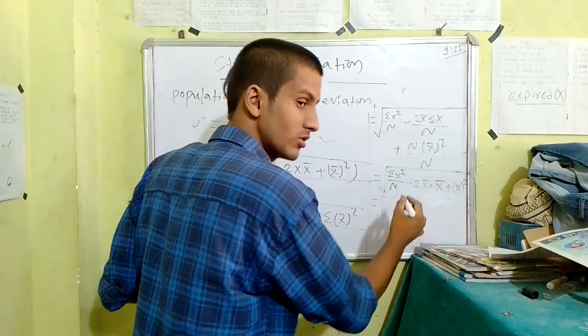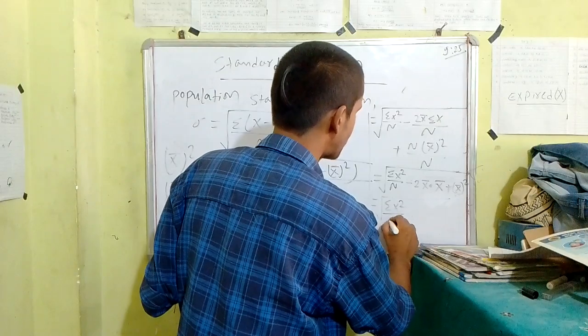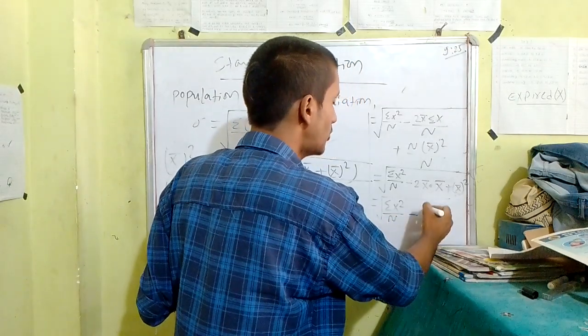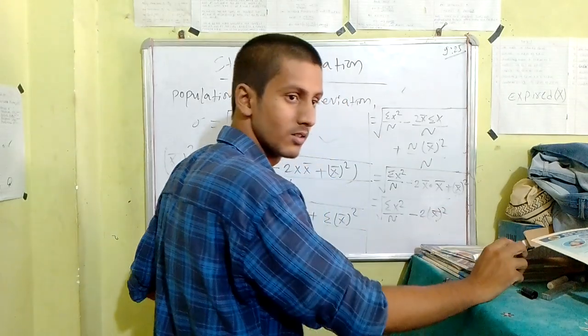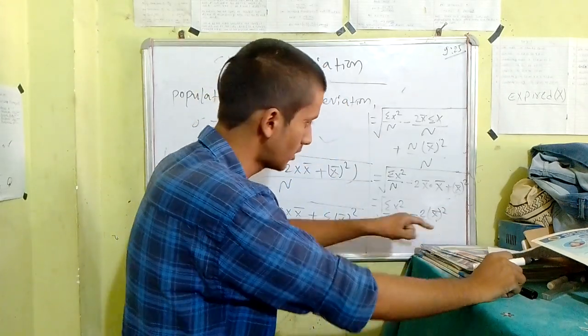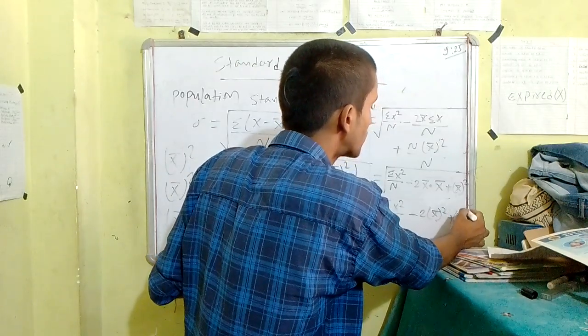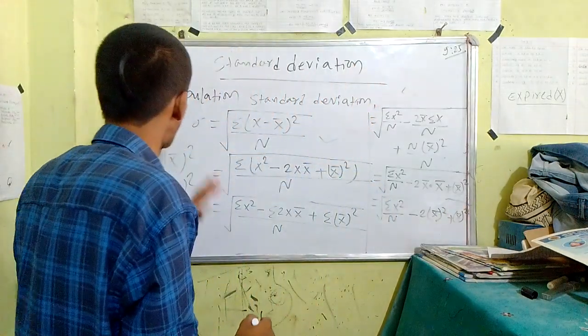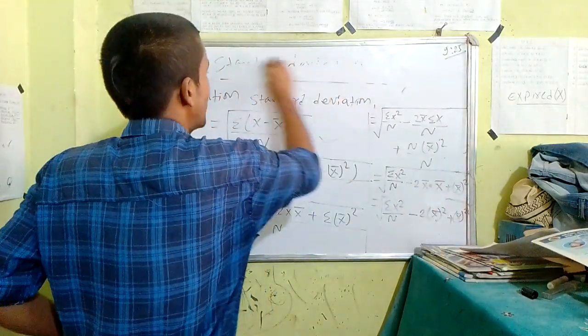Now we can write this as square root of summation x squared over n minus 2 times x bar squared plus x bar squared. And now further, I should write the answer maybe here, because I have run out of space.